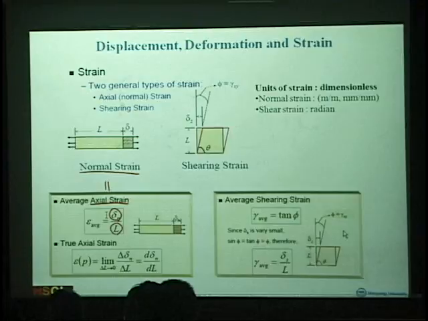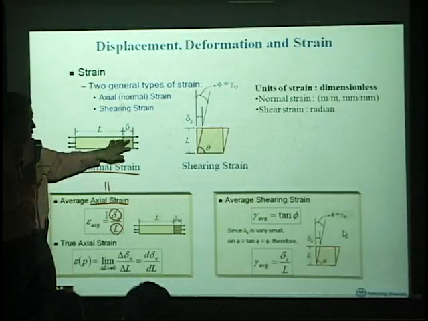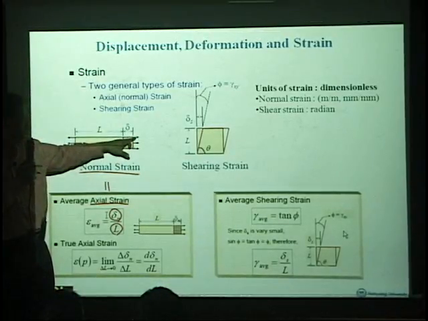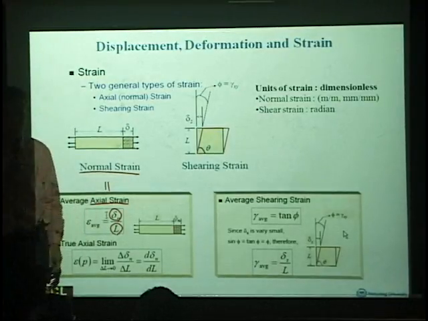It is the same definition, axial and normal strain. So when this bar is subject to an axial load, it will expand by delta in the x direction, and delta divided by L is called normal strain.